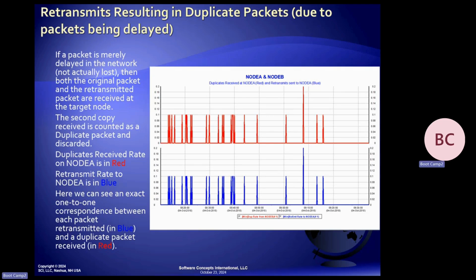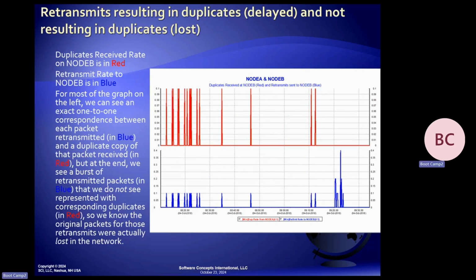So if you see a one-to-one correspondence between your retransmits and the duplicates received in the opposite direction on the same virtual circuit, then you know that these are packets that were unnecessarily retransmitted by PE driver. Now, sometimes you'll see matches.